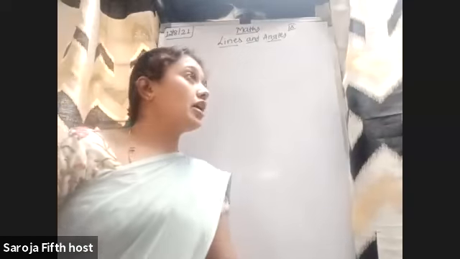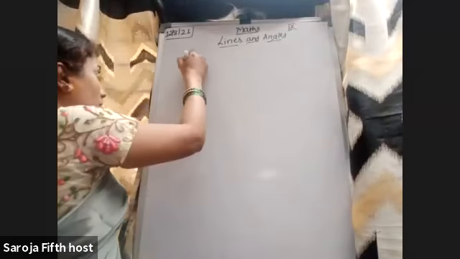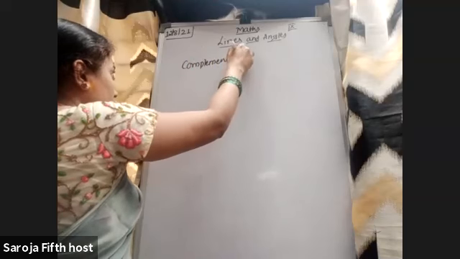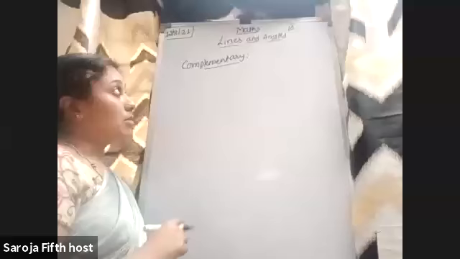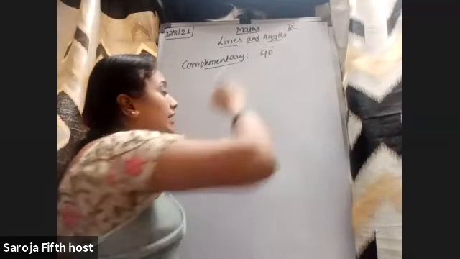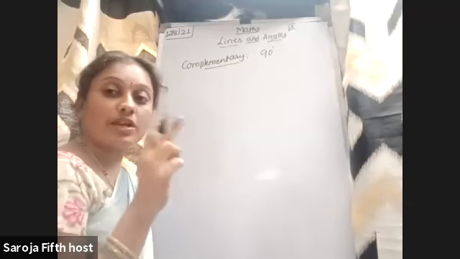After this, we are going to learn about complementary angles. What do you mean by complementary angles? The sum of the angles will be equal to 90 degrees. To take a sum, you need at least two angles.